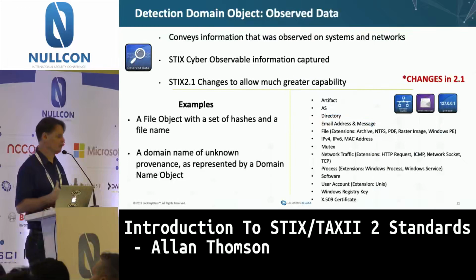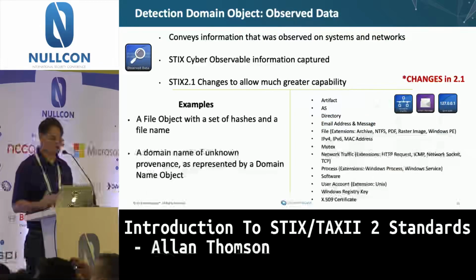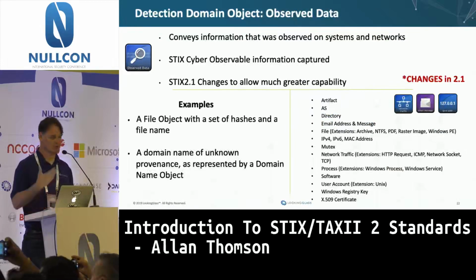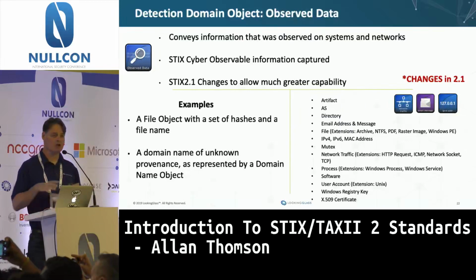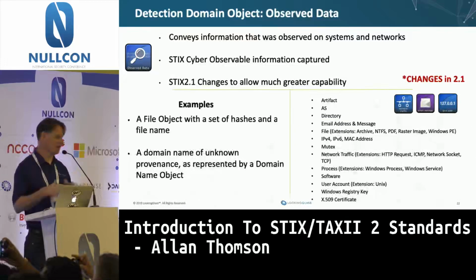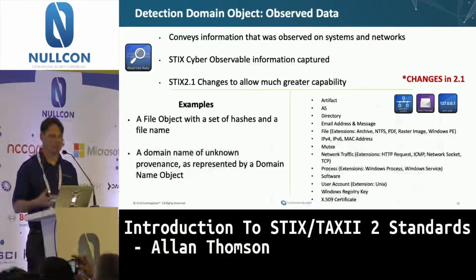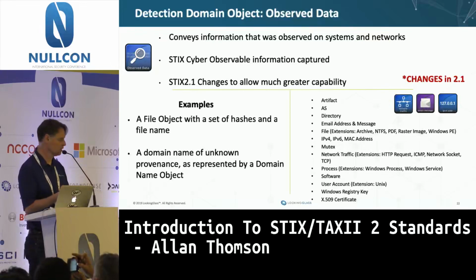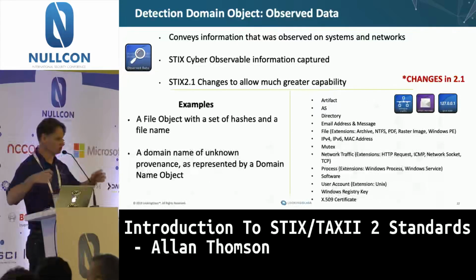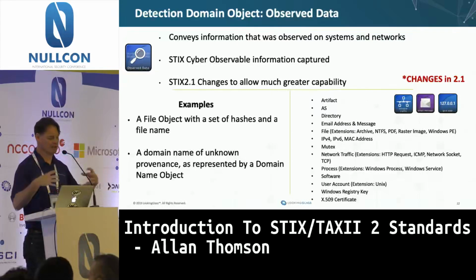Observed data represents where you're actually starting to see things changing. The previous presentation talked about a solution that would understand endpoints or the data on endpoints, so things like registry modifications and file and socket behaviors. Observed data in STIX2 is a way to represent all of those individual pieces of data in a collection.